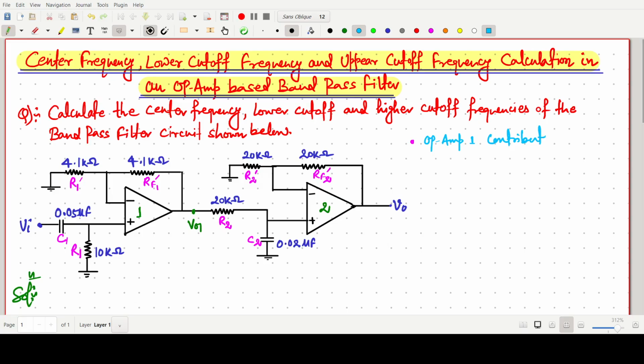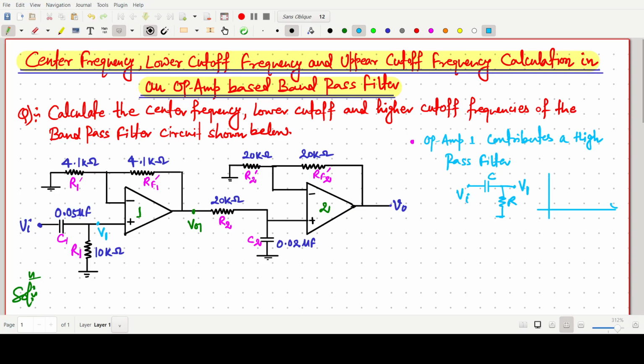Op-amp 1 contributes a high pass filter, because this one is our C and R. There is some voltage, which I am calling V1. So I am noting down C and R, and this one is V1.